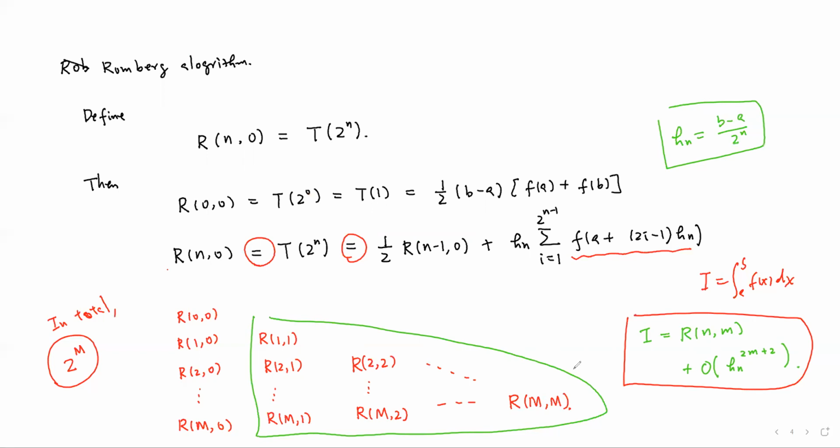So this method can give accuracy to the integral of any order you want, and you can obtain the formula from the Romberg algorithm. Let me stop here.